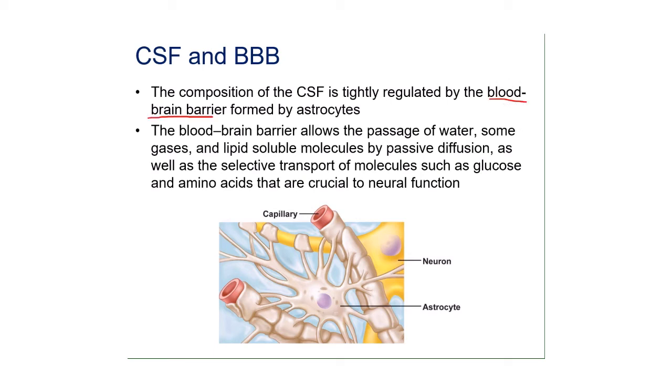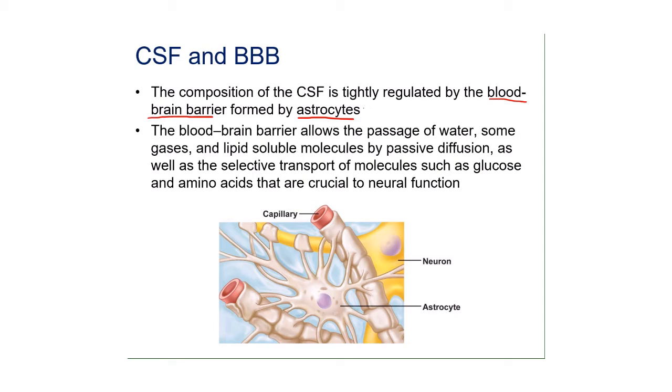We talked about the BBB, blood-brain barrier, earlier when we were discussing dopamine and Parkinson's in the previous lecture. But here's more detail. The BBB is formed by yet another type of glial cell, called the astrocytes.